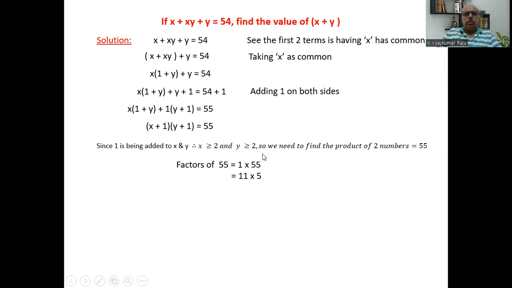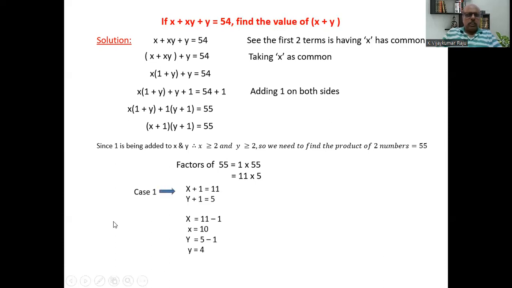So this option is ruled out. The next option is (x plus 1)(y plus 1) is equal to 55, meaning 11 into 5 should be 55.